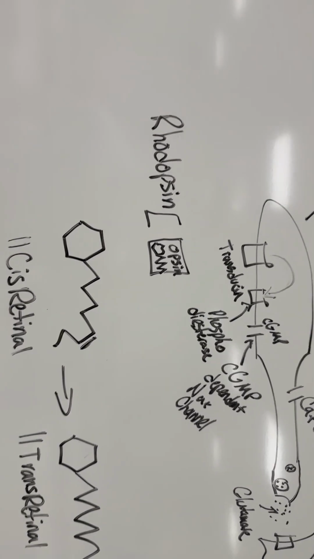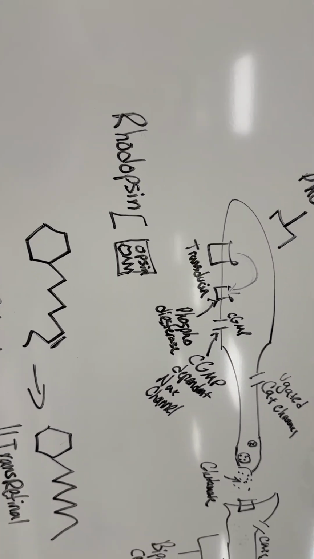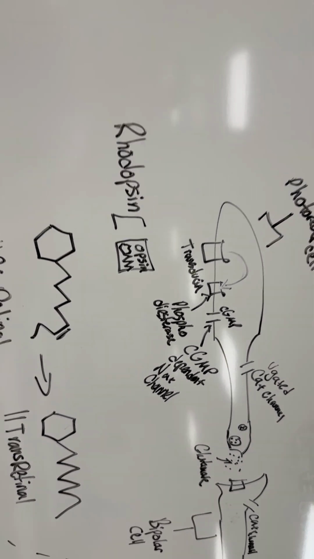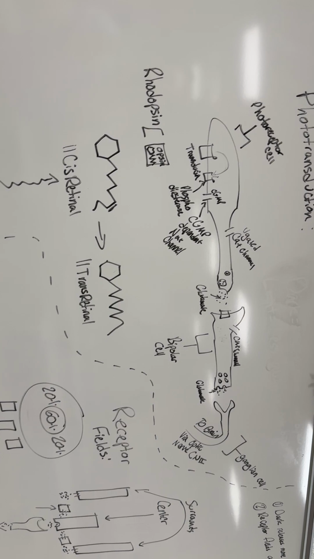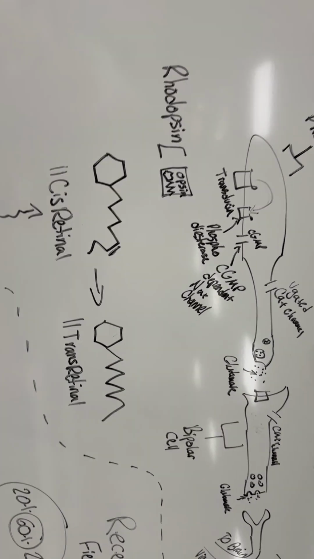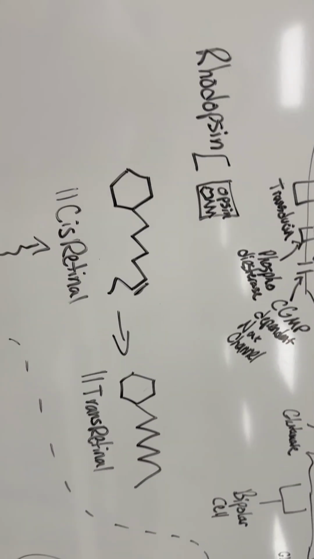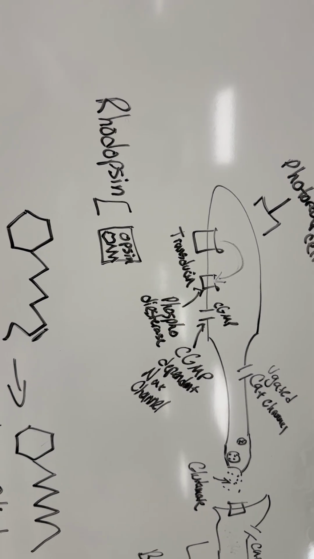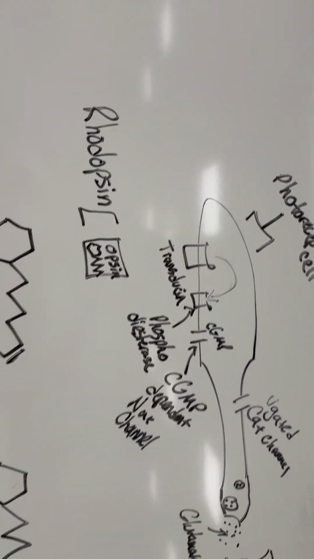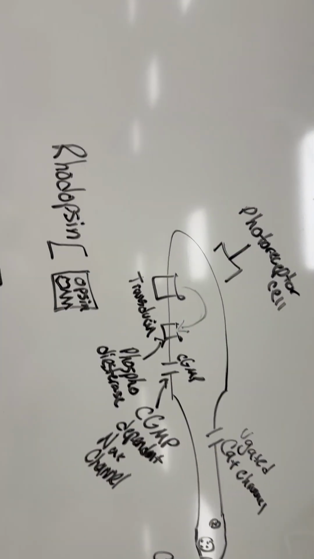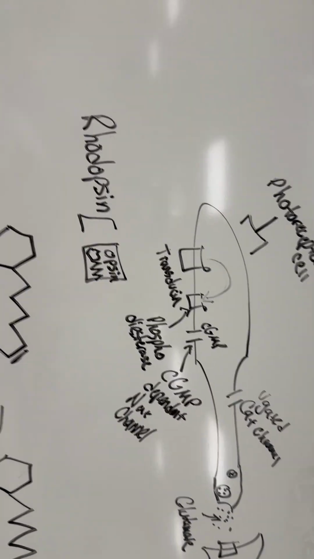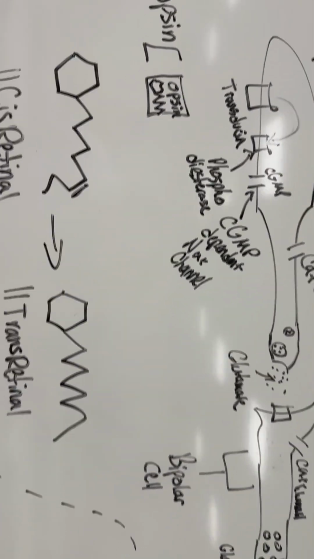So transducin is going to activate... okay, let me preface first. We're talking about conditions of light, right? We have light because things are different in the dark. So when we have light, transducin is going to activate phosphodiesterase, which breaks down cyclic mononucleotides.